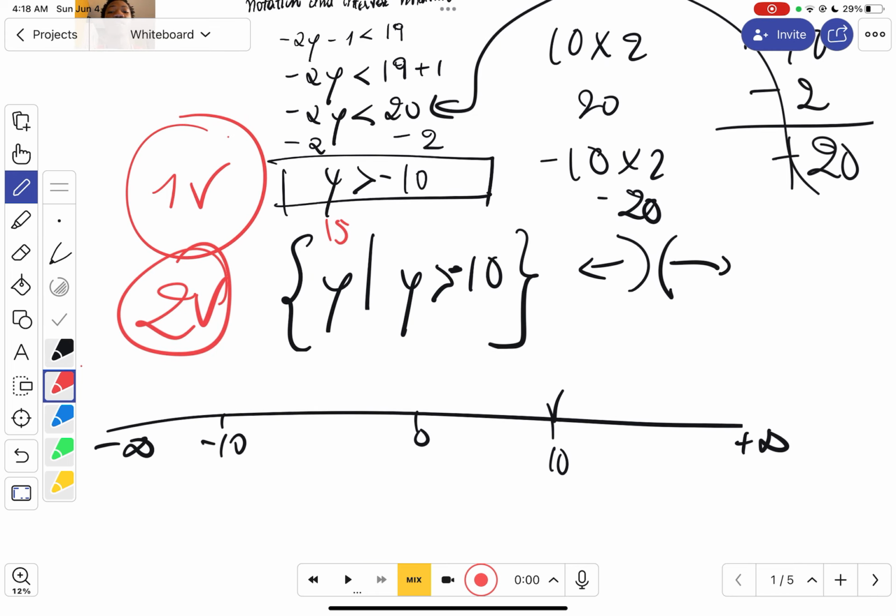Any number from the positive side will verify the inequality. Therefore, the parenthesis for negative 10 will go toward the positive numbers, which is on the right. There you have it.